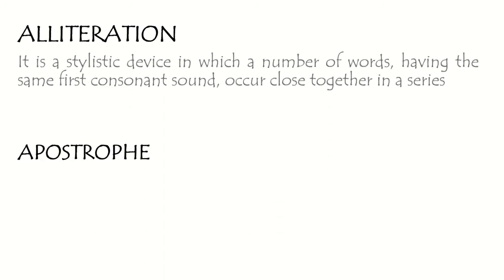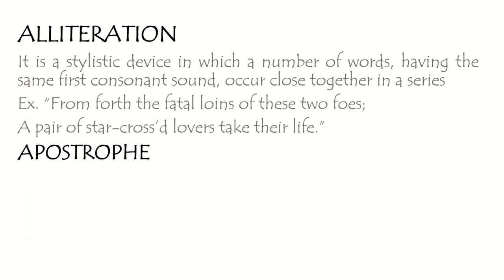Now let us talk about alliteration. Alliteration is a stylistic device in which a number of words having the same first consonant sound occur close together in a series, just like with this example. Here, we have the sound of the consonant letter F, because that is the first sound in this series: "From forth the fatal loins of these two foes."